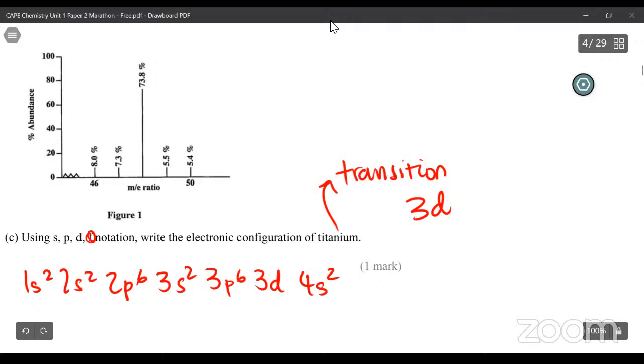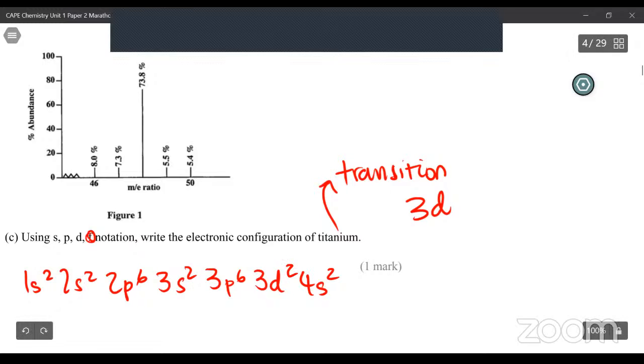It's supposed to be 20, but we need 22, so just add the remaining electrons in the 3d, and that would be 2. That would be the electronic configuration for titanium in the SPDF notation.